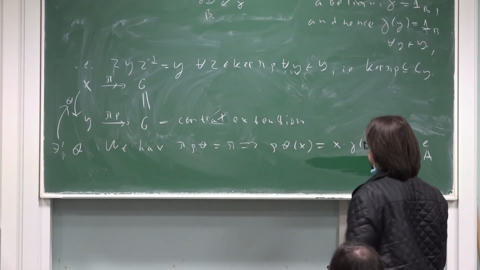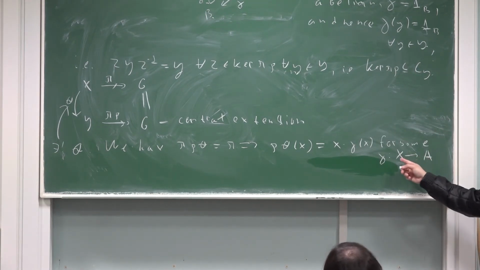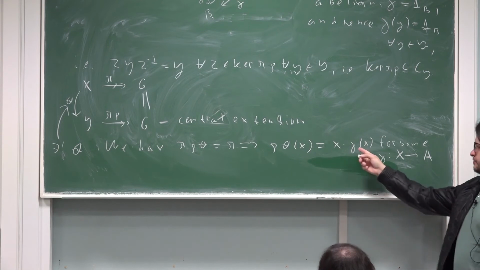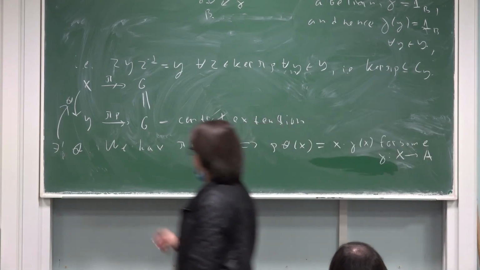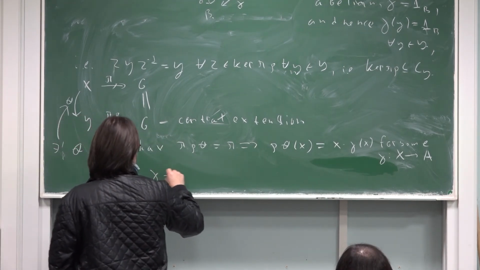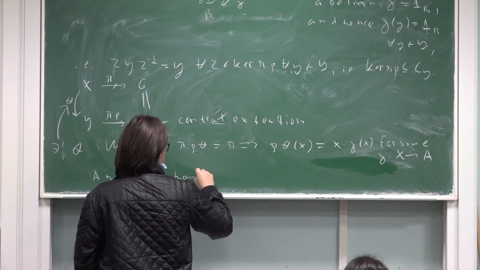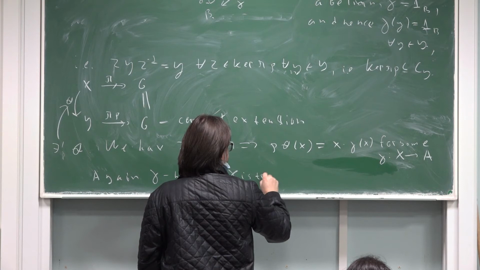And again, using the fact that A is in the center of X, we can show that γ is a homomorphism. Again, γ is a homomorphism, and hence γ is trivial.